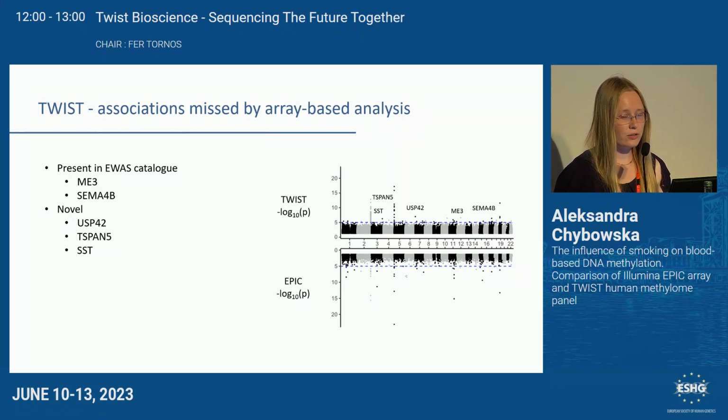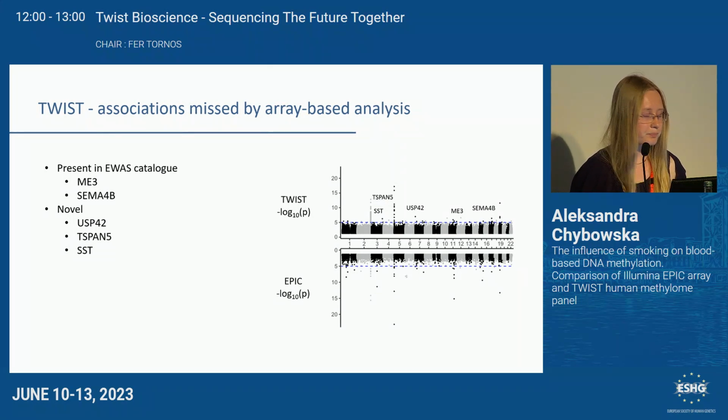The first category is hits that were known previously, meaning they were present in the EWAS catalog but weren't identified by the EPIC-based analysis. The second category are hits that are completely novel. They haven't been reported before.